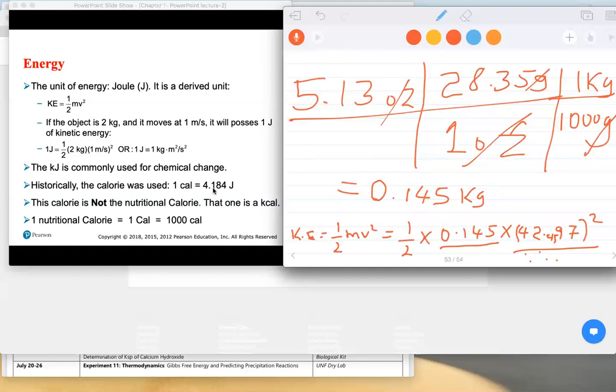So I was saying that it might also be tagged to this. At the end of the chapter problems, you may be asked in kilocalories or calories.